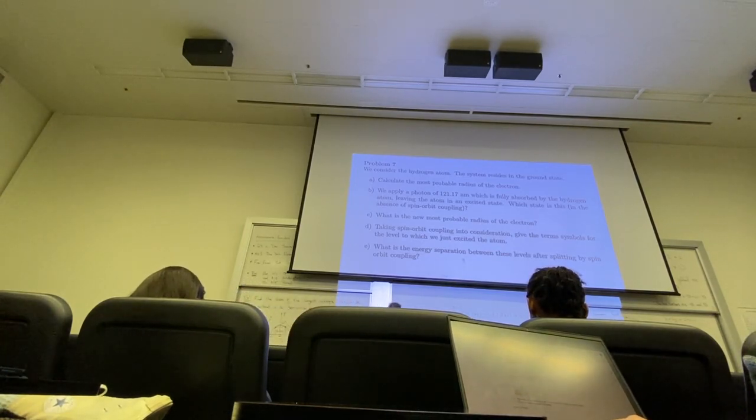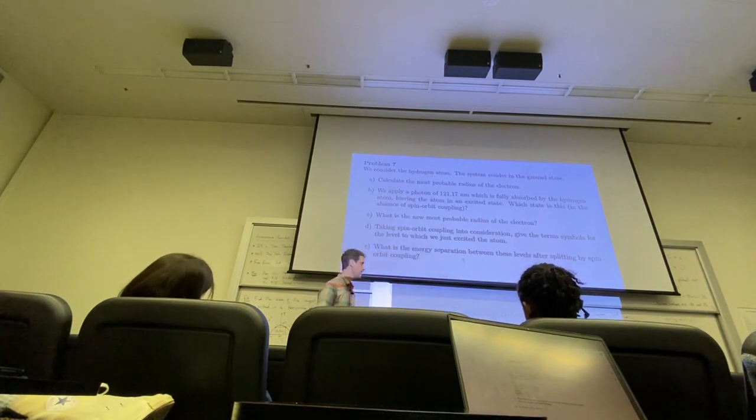What I have to do is calculate this value for two situations. Well, these L and S values remain the same for both term symbols, because in both cases, S is 1/2, L equals 1.